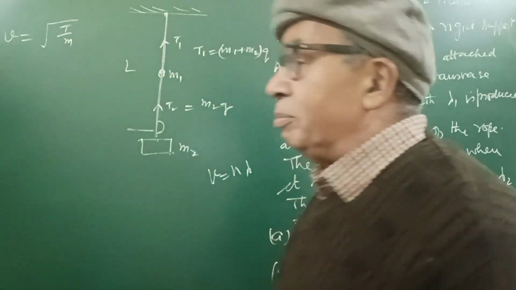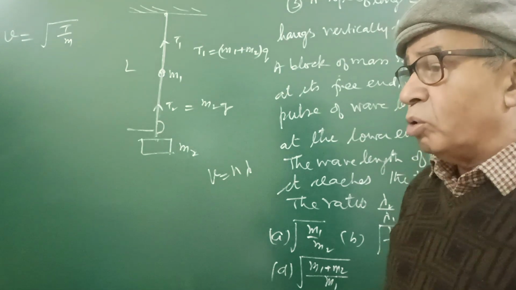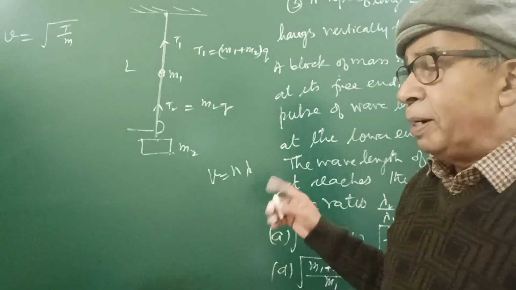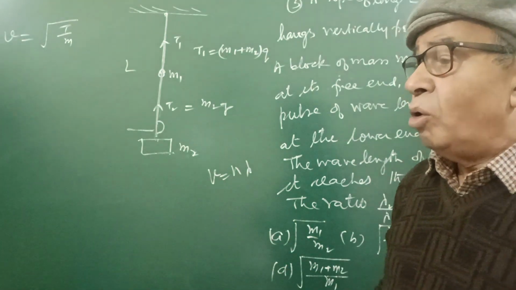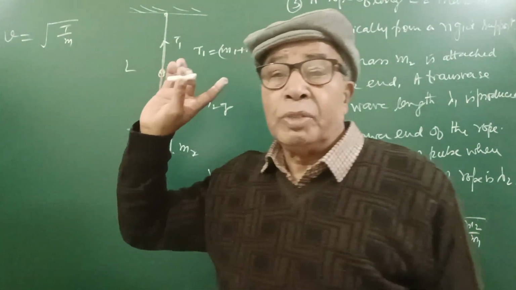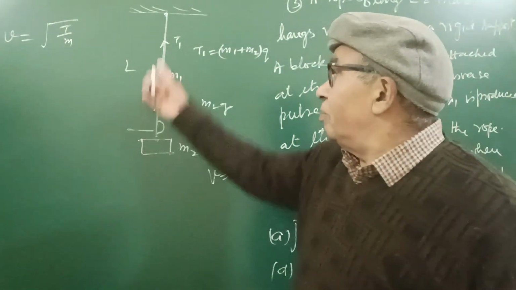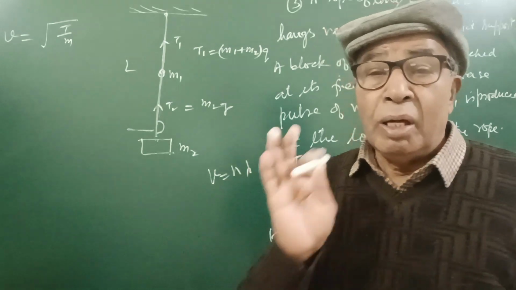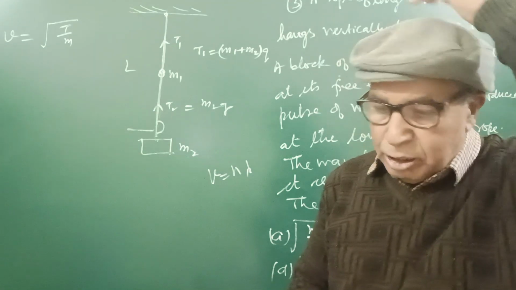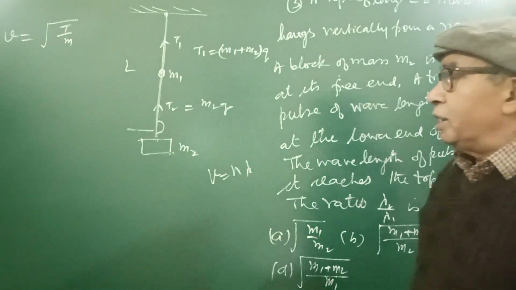I have told many times that velocity is not only a function of frequency or wavelength, but overall velocity of a transverse wave depends upon tension and mass per length. If velocity changes in one medium, frequency does not change. Remember, this is a very important fact. If velocity of a wave in a medium changes due to some changes, frequency does not change.